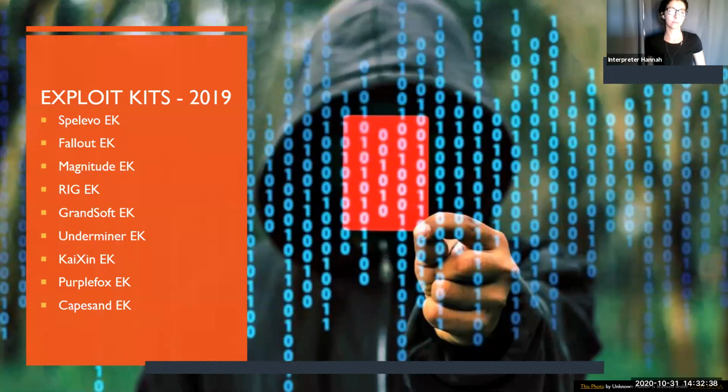So some of the exploit kits, these are just some of the top exploit kits that I pulled. You have Fallout, Spelevo, and different types of exploit kits. These are downloadable, they're shared, right? They can be found. So these are the common ones that were used in 2019.